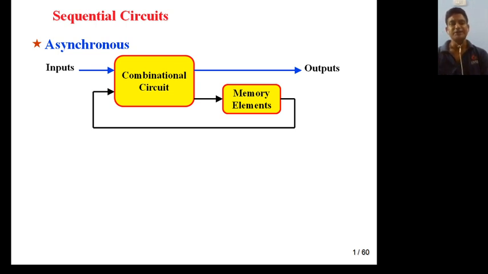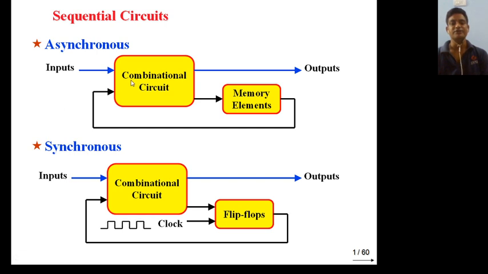But in synchronous sequential circuit, we apply a common clock pulse to all the flip flops, and the output changes only when there is either a positive edge or a negative edge.